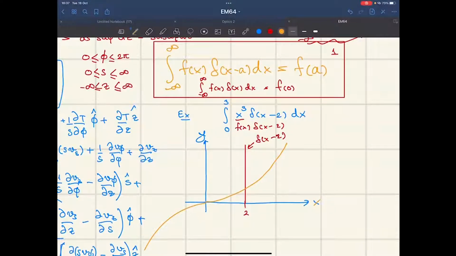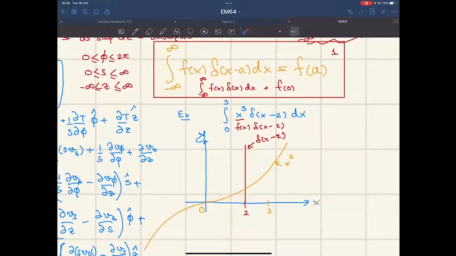So this is x to the third. What is the integration from 0 to 3 here? You can see that our integration covers this range and covers the Dirac delta function, so we don't have a problem.